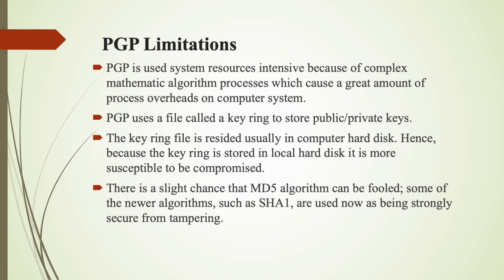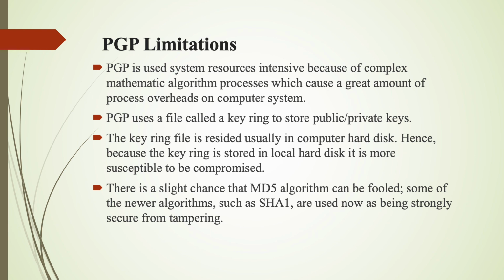Even though PGP and OpenPGP are so popular, they still have some limitations. PGP is system resource intensive because of its complex mathematical algorithm process, which causes a great amount of processing overhead on the computer system. PGP uses a file called a keyring to store public and private keys.